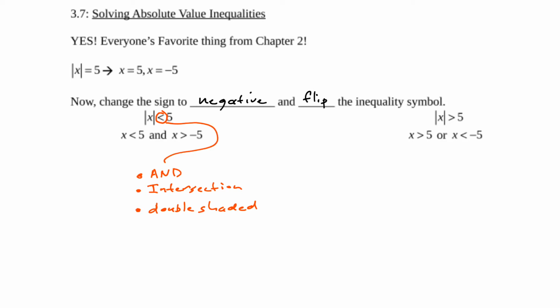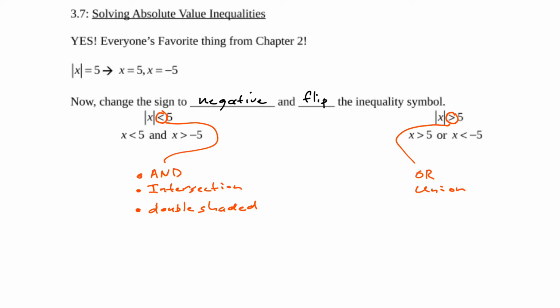And then over here to the right, again, we're going to try to get the absolute value all by itself. And then after we do that, if it's a greater than, then this is going to be an OR problem, which, remember, was called the union.